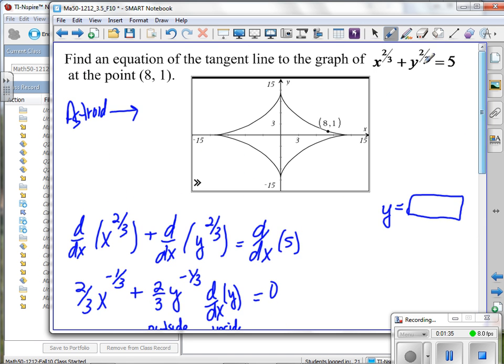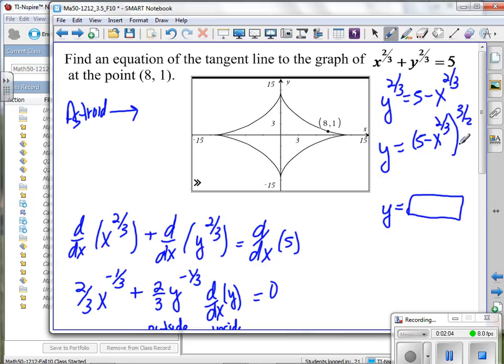However, I cannot have you put this in as f1 of x. We have to go back and write this as, let's see, y to the 2/3 equals 5 minus x to the 2/3. So y equals 5 minus x to the 2/3, to the what power? 3/2.